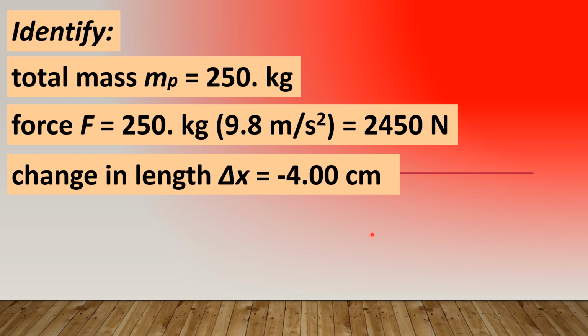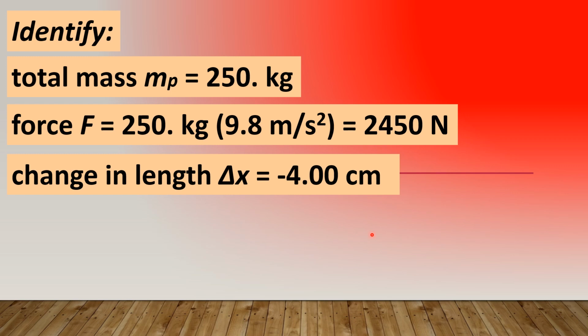The change in length has a negative sign because when the force F is applied on the spring, the new length of the spring is less than its original length.